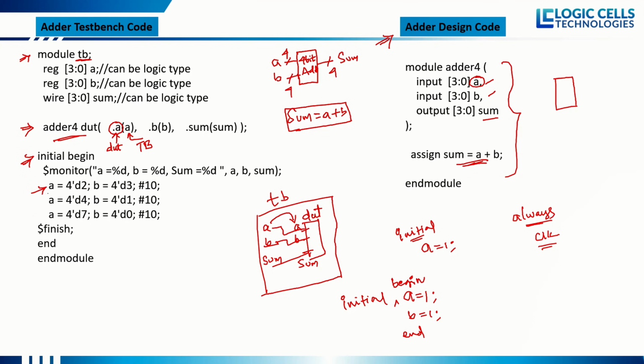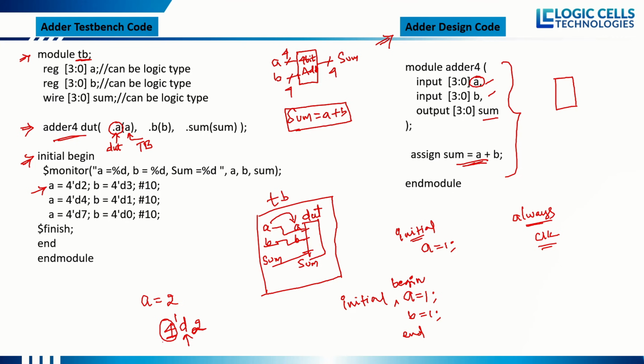We are providing the value for A. What is the value of A we are providing? A is 4'd2. Why is it 4 tick D2? This 4 is the number of bits the simulator should take out of this for A. In binary, it is 4 bits. So I am providing a value called 2. This 2 I am writing here is of type decimal.